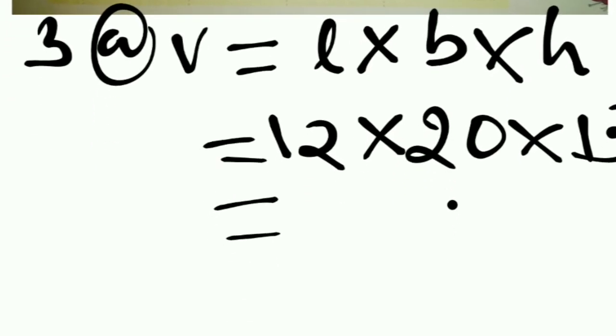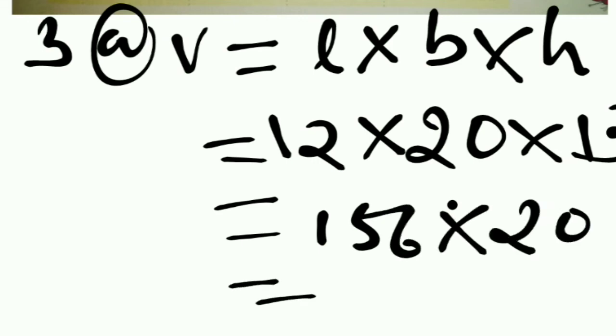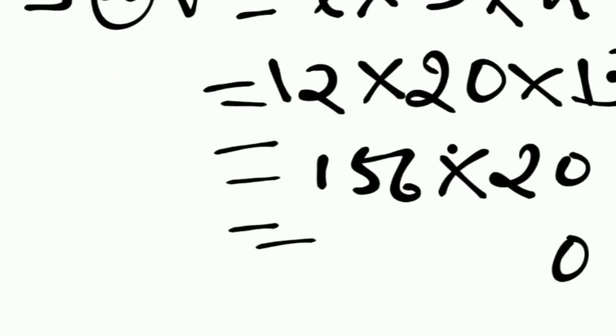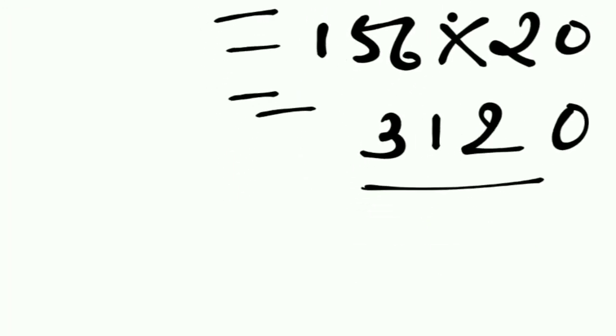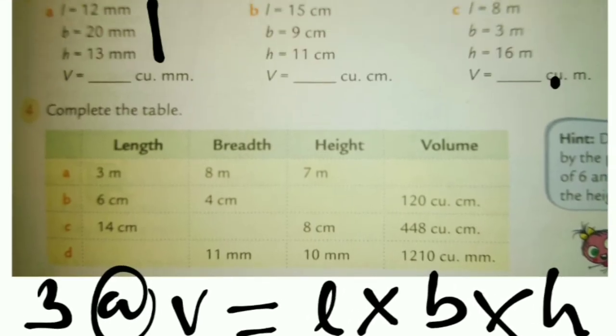Okay. So we can multiply it. So that will come 156 multiplied by 20. So answer we will get 3120 cubic millimeter. Like this we have to solve all the questions.